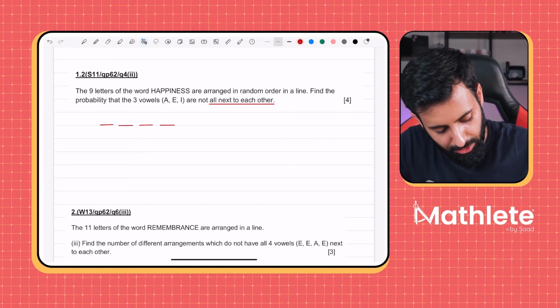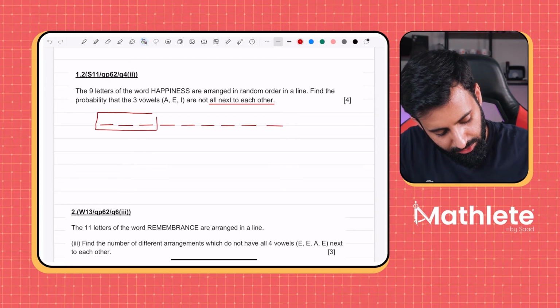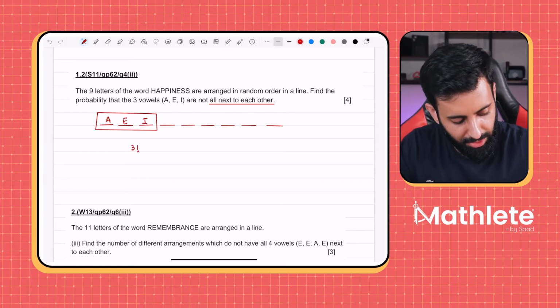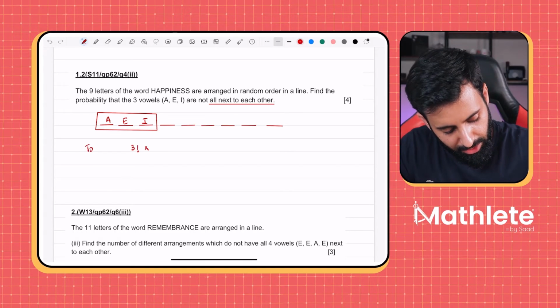So 1, 2, 3, 4, 5, 6, 7, 8, 9. Let's make a box of 3. The 3 vowels A, E, and I, since they're different, can shuffle amongst themselves 3 factorial number of ways. Remember, we're finding out the number of ways that they can be together.